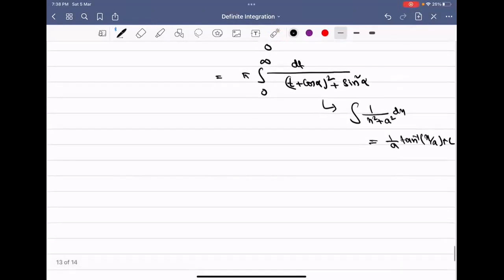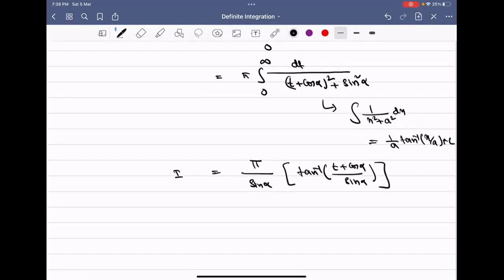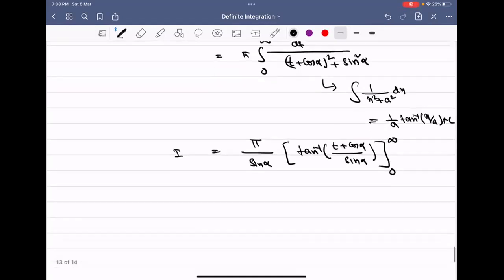If you use this result, a is sin alpha here, so we get pi by a, already pi is there, into 1 by a tan inverse x by a. Here the variable is t plus cos alpha and the constant is sin alpha. The limits are from 0 to infinity.